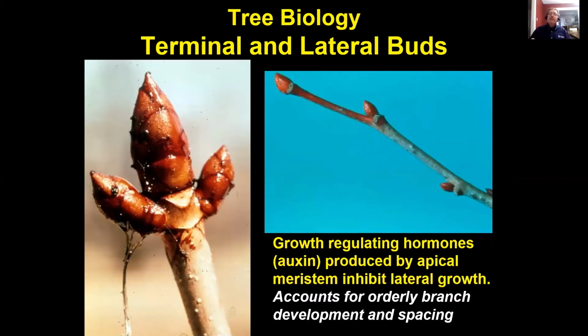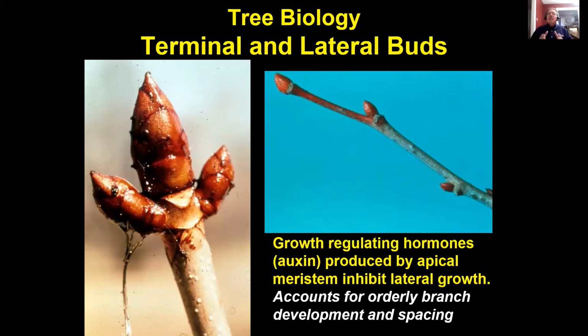That auxin that's produced, that growth hormone, is slowing down the growth of the buds and branches lower in the tree. And that's because, think about it, these trees have competed for sunlight in a forested setting with lots of other trees, lots of other stems, and whoever gets to the top of the canopy in the forest wins. The others get shaded, they die, they fall into the forest, and they turn into soil, right?